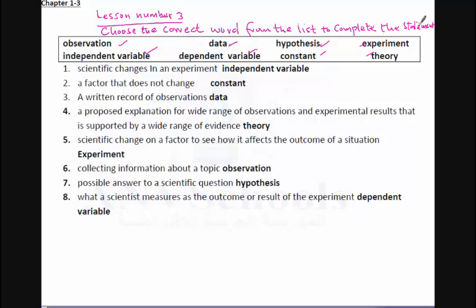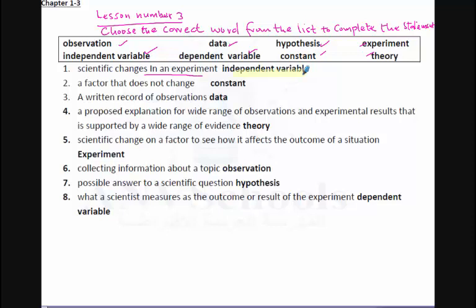So the first one is scientific changes in an experiment. What we refer to as scientific changes in an experiment is nothing but independent variables.